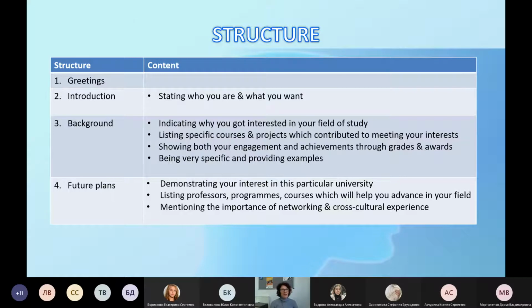So he had this firsthand experience and expertise in the area, and that was really interesting. So if you find something like that about the professors and you actually mention that in your letter, that's great. Same thing for programs or courses.